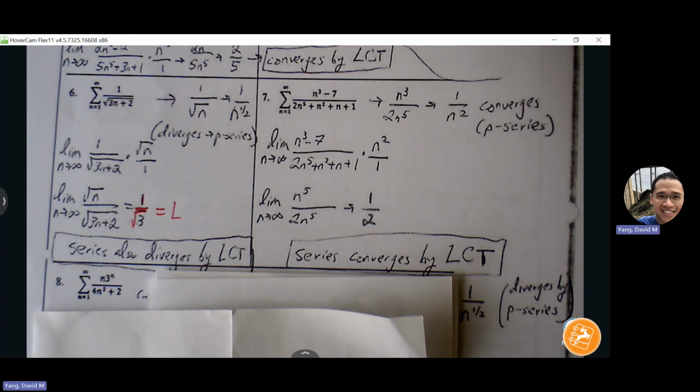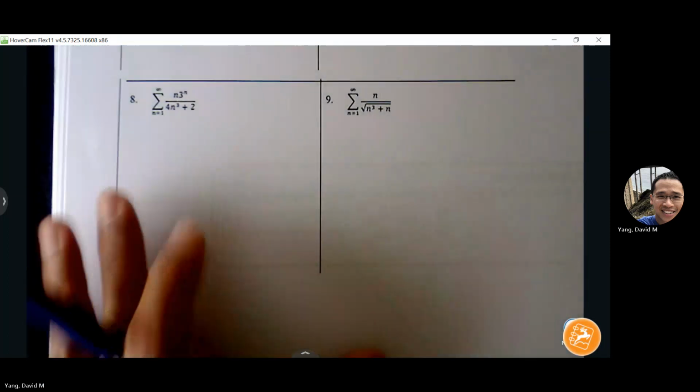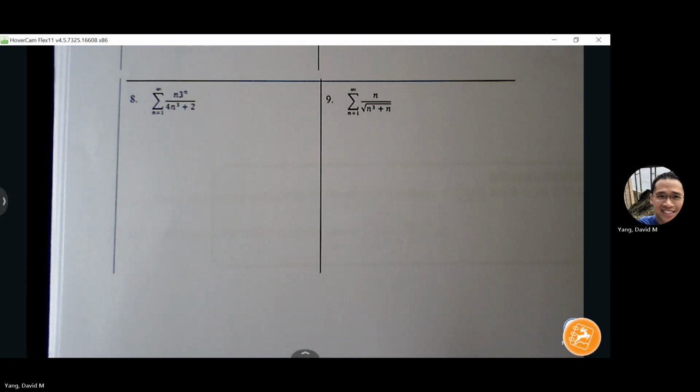All right, everybody good with 6 and 7? Okay, let's look at number 8 here. n times 3 to the n over 4n cubed plus 2.